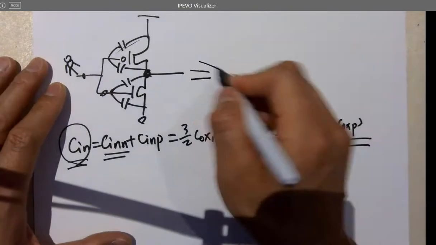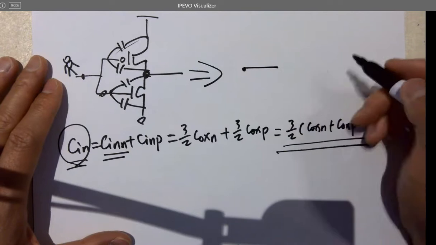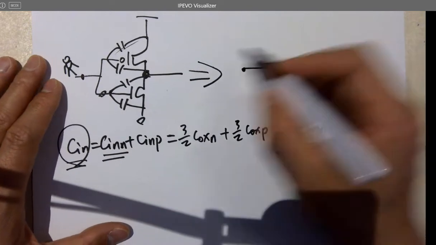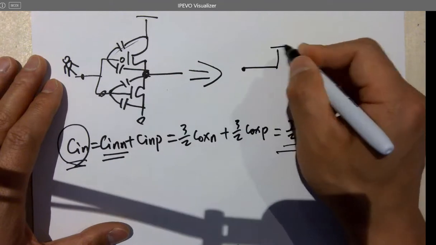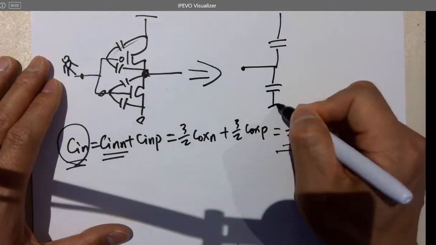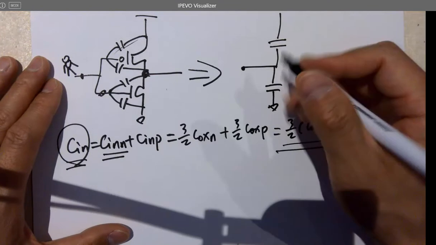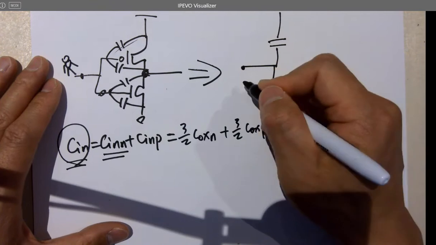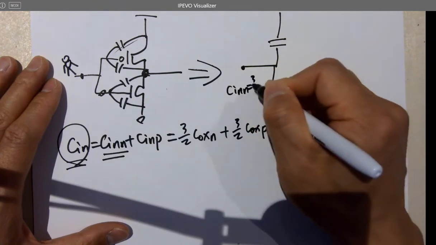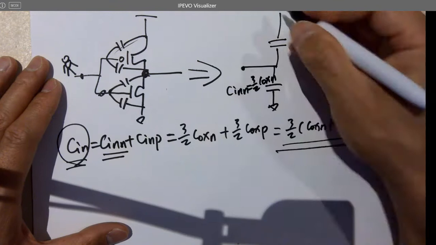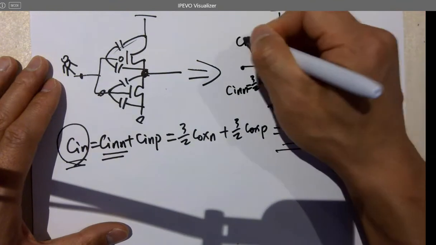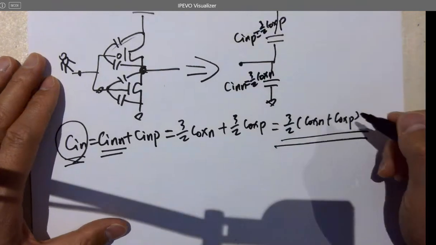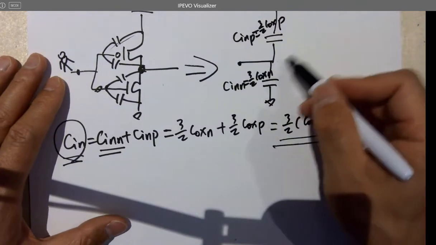So how do we model it? Input to 2 gates, no electrical connections, but there are caps. One goes up, one goes down. The one that goes down is C in N, which is 2/3 of Cox N. The one that goes up is C in P, which is 2/3 of Cox P. And nothing in between.